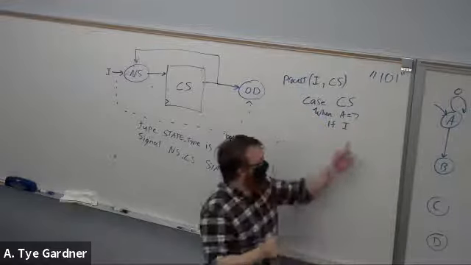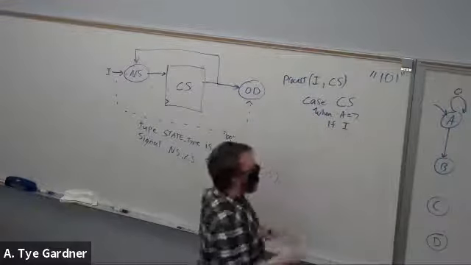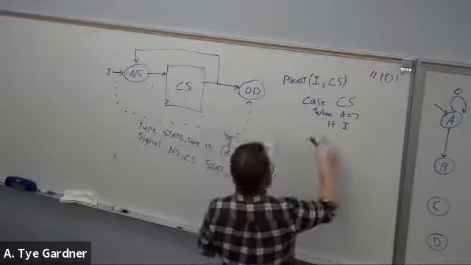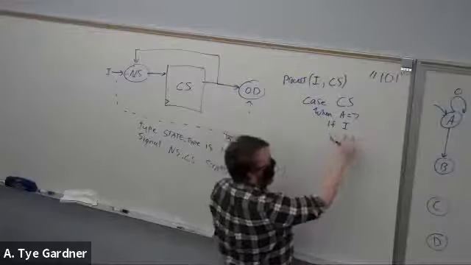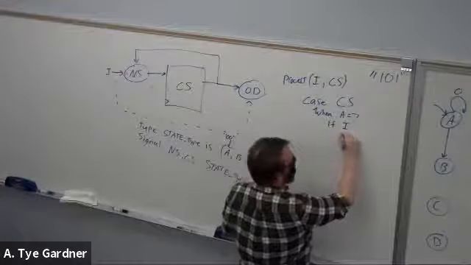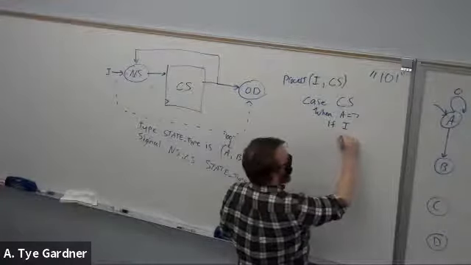I'm going to pretend I is a bit so that I don't have to do a bunch of equals. So if I, then my next state gets assigned to B. Else, next state stays in A.